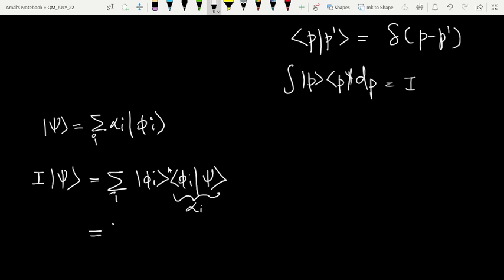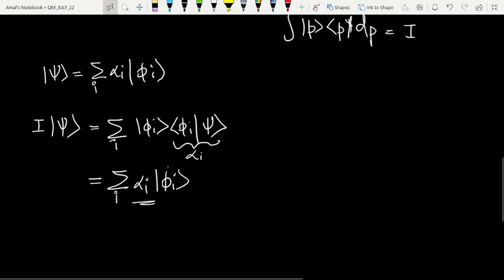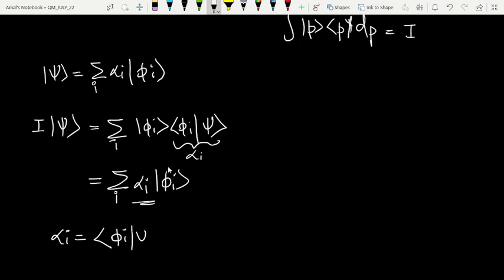Then I will get the expression sigma i, alpha i, phi i. Here alpha i is the matrix element, or the element of the column vector of psi, and it is given by the inner product of phi i with psi. Similar thing we can do here also. We can take the abstract vector and multiply it with I.